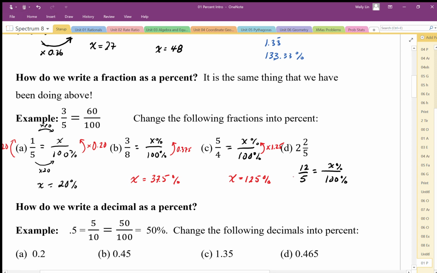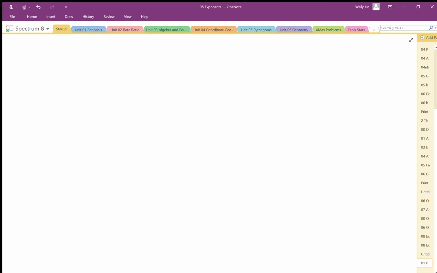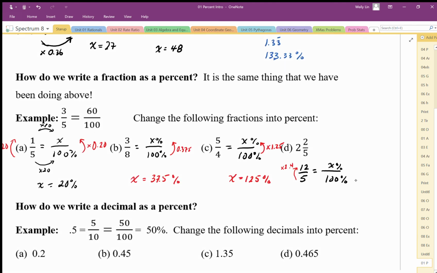Again, the easiest way would be to divide, and we get our multiplier of 2.4. So our percentage is going to be 240%. So x percent is equal to 240%.